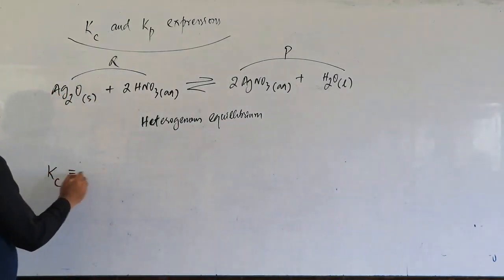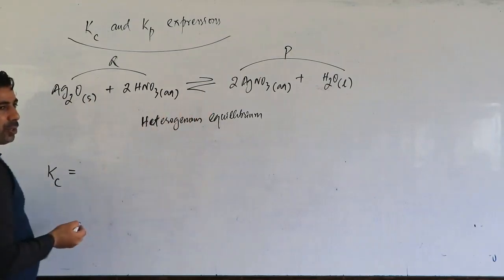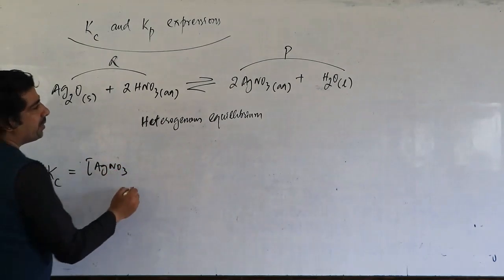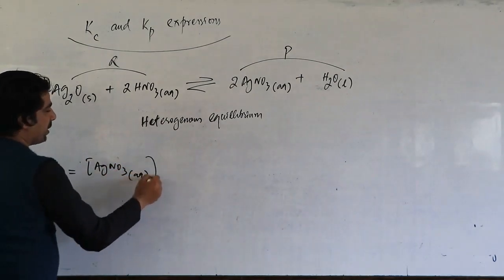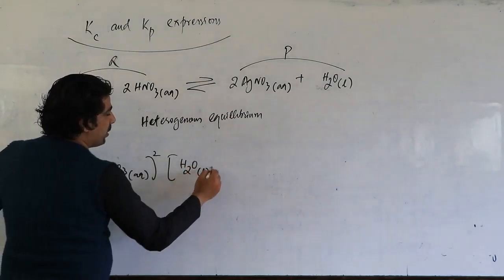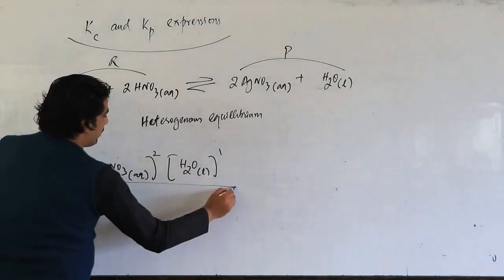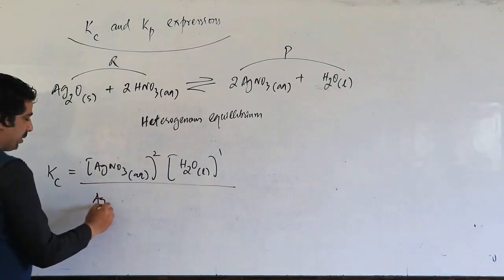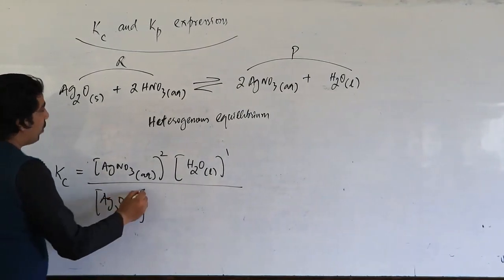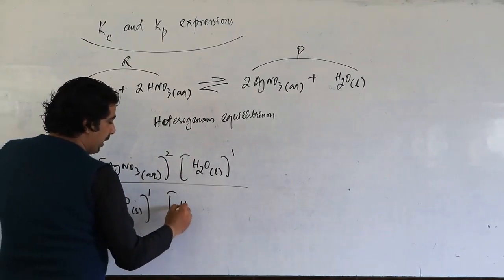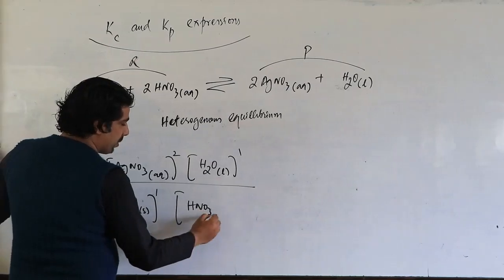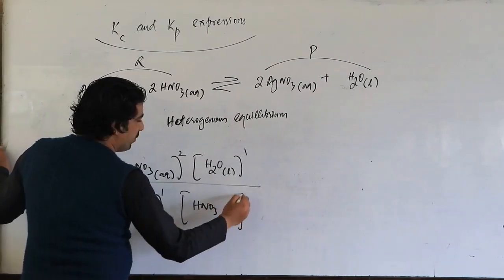If I talk about the Kc expression, that is molar concentration of products divided by molar concentration of reactants. [AgNO3], that is aqueous, raised power 2, into [H2O], which is liquid, raised power 1, divided by [Ag2O], which is solid, raised power 1, into [HNO3], which is aqueous, raised power 2.